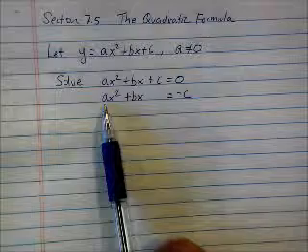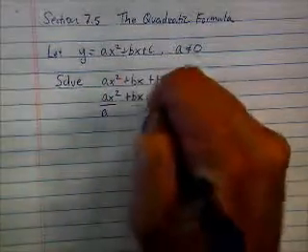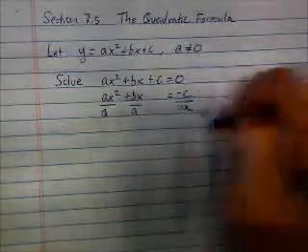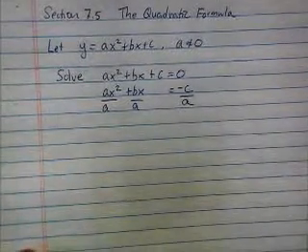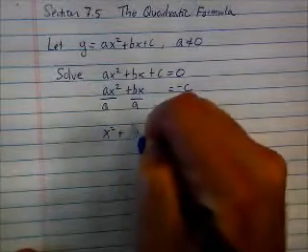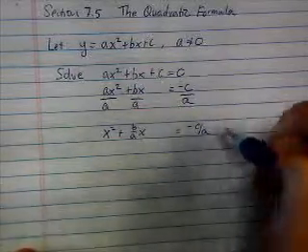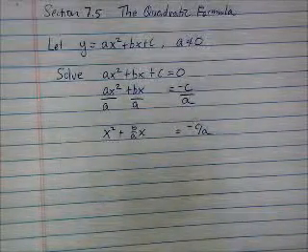When I divide by a, I've got to do it everywhere. And we saw this the other day that sometimes when you've got to divide through, you've got to deal with fractions. Kind of a pain in the neck, but it'll work. So we have x squared plus b over a x equals minus c over a.